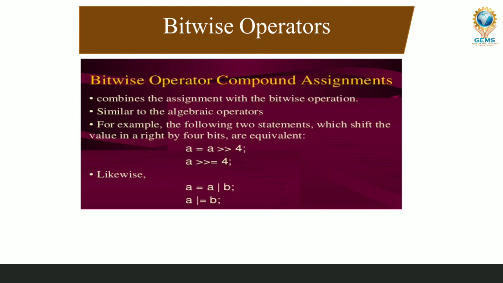Apart from that, we have the shift operators. Shift means to move the bits from one position to another. However many times you mention, that many times the position will be shifted to the right or left direction. When you want to change the positions of the bits, you use the shift operator to change the position of the numbers.